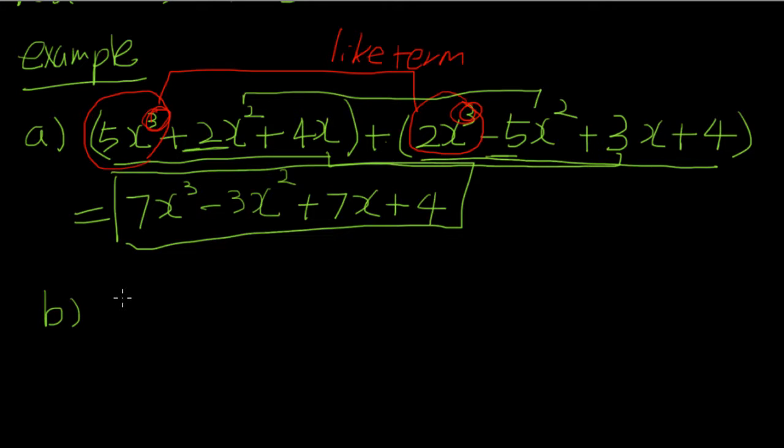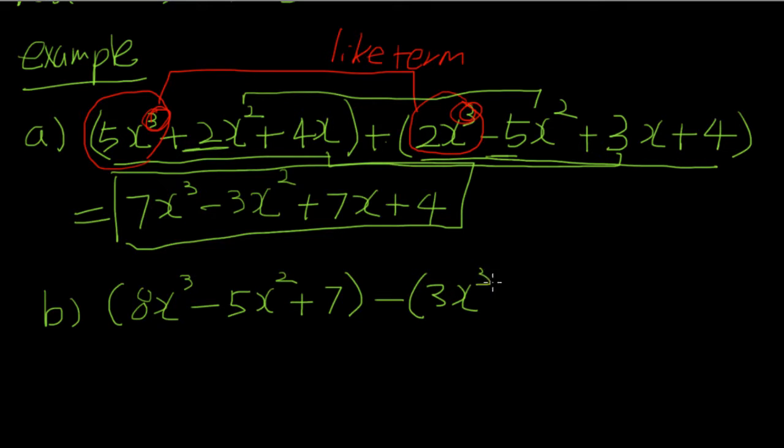Let's say we have 8x to the third minus 5x squared plus 7, minus 3x to the third plus 4x squared minus 5x.